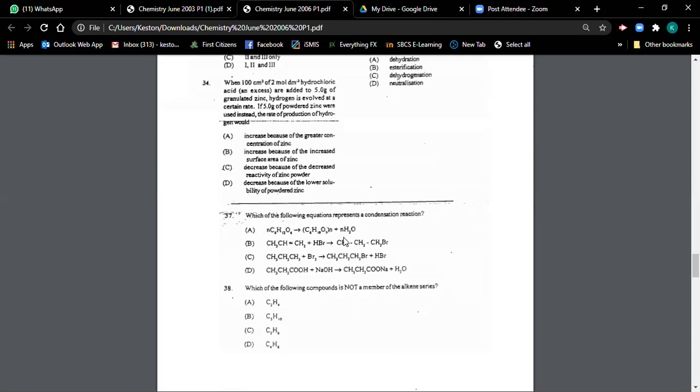A. Looks like ethanol. Yep, A is correct.